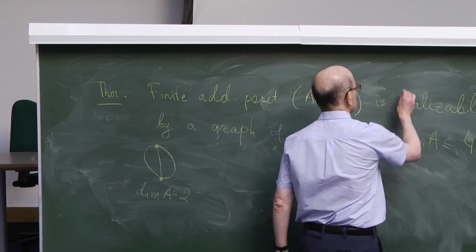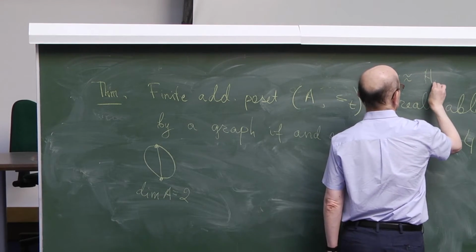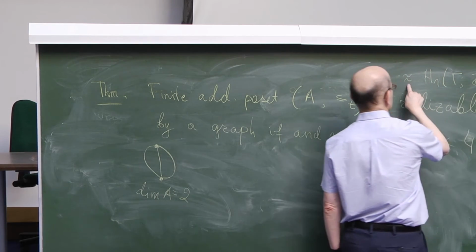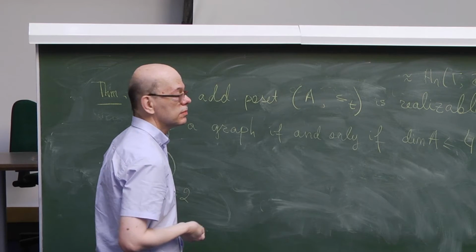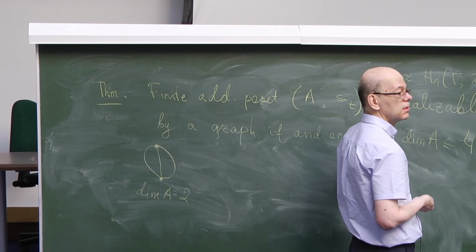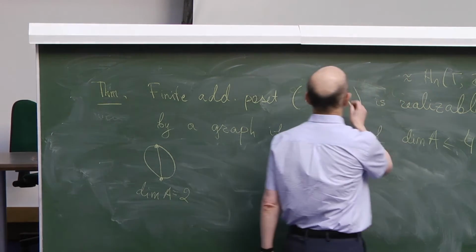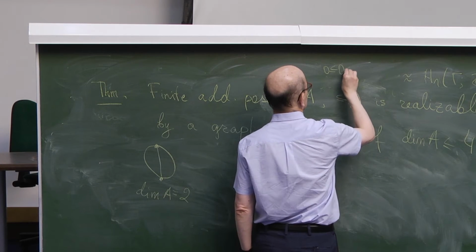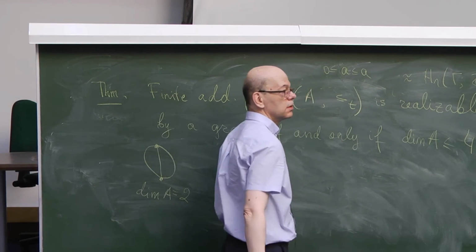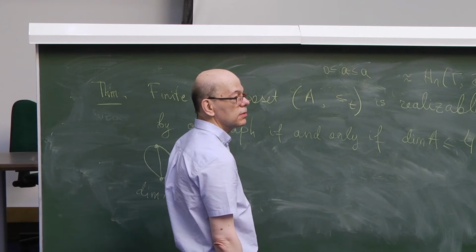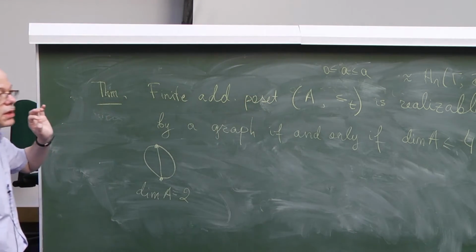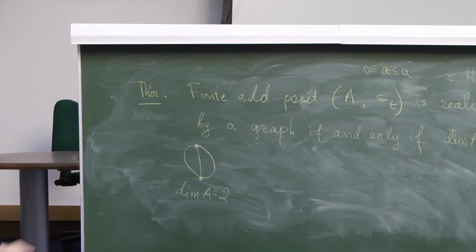It means isomorphic to the additive poset of the graph with coefficients in Z2, and isomorphism means order-preserving isomorphism. The trivial order is defined by the condition that 0 is smaller than or equal to A for all A. That's a theorem which deals only with one very narrow class, not with arbitrary posets.